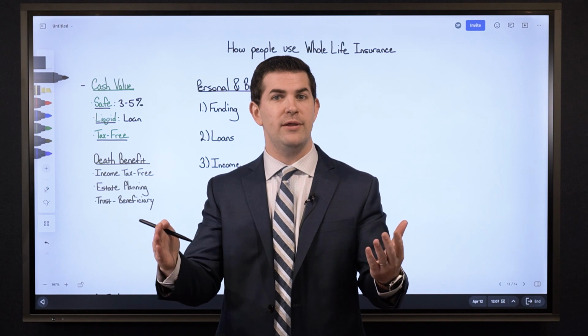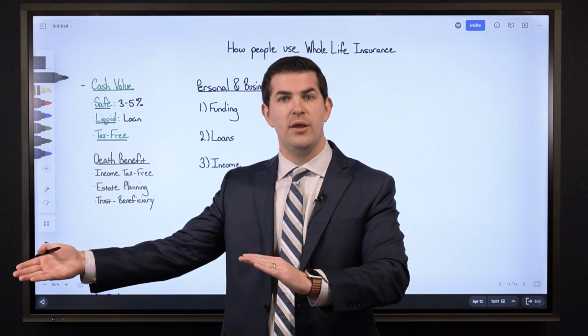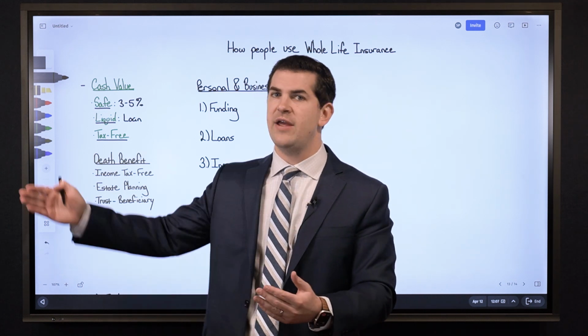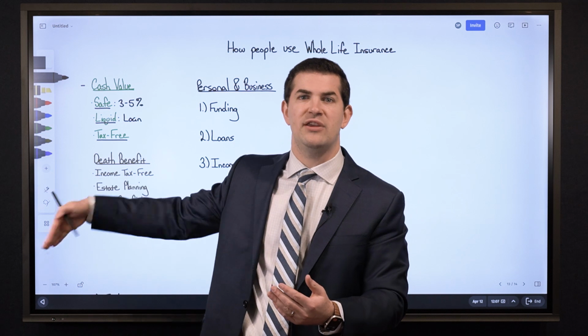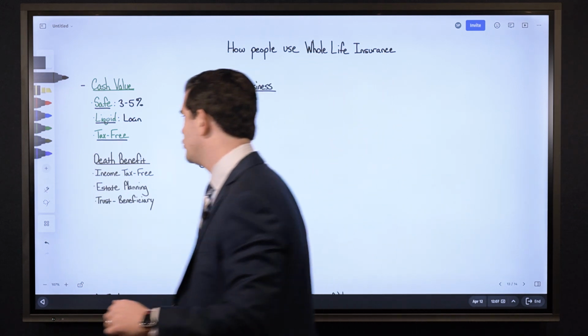Your entire property. Now, of course, you pay loan interest on the outstanding loan, but you're still earning that appreciation on the entire asset. Very similar with a life insurance policy and how the cash value continues to compound. And again, we'll provide more detail on that shortly.